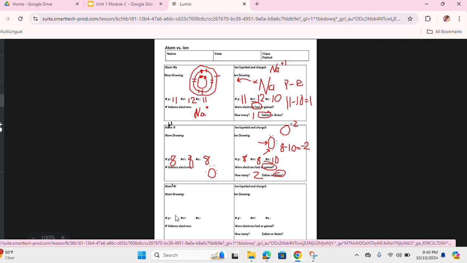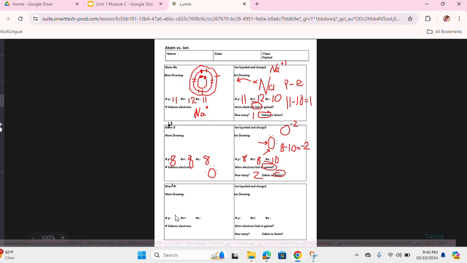Aluminum has 13 protons, if I remember correctly, 14 neutrons. 13 protons means that it will atomically also have 13 electrons. Aluminum is a metal, just like aluminum foil.